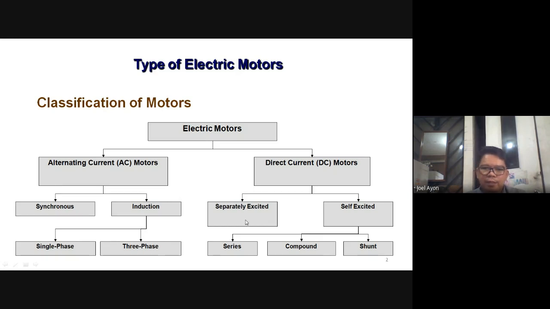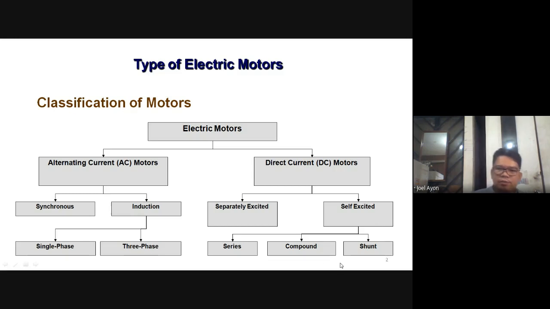We have the separately excited. When you say separately excited, the armature has a different supply from the stator. That's why it's called separately excited. They have different supplies. While for the self-excited DC motor, we have series, shunt, and compound.